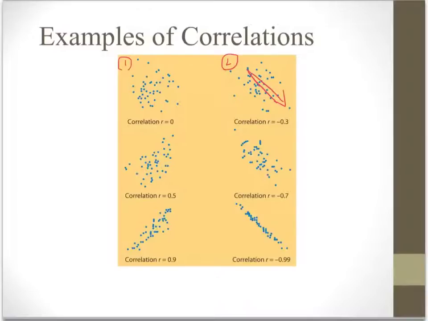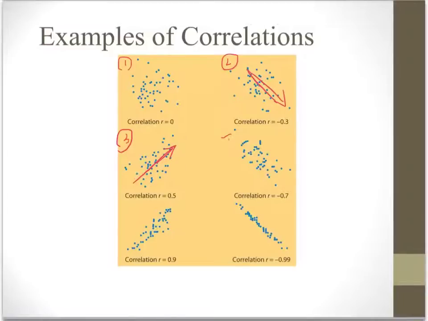Slight. That's why it's negative 0.03. It's not strong. The closer you get to either negative 1 or positive 1, the stronger that correlation is. Number 3 down here, we're getting stronger, and this time we're in the positive direction. Correlation here is 0.5.